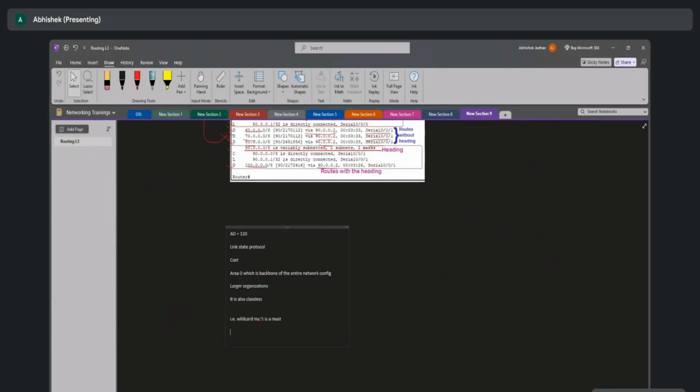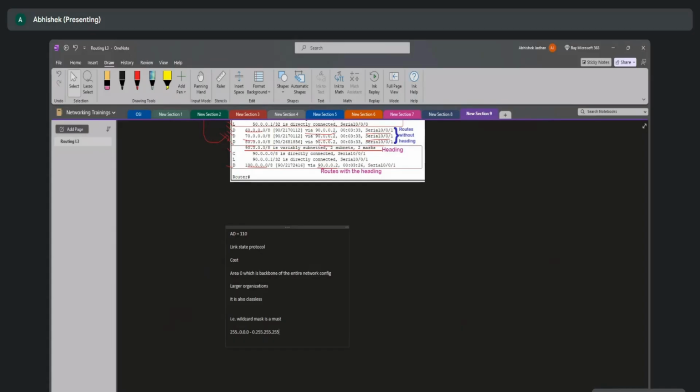So what is a wildcard mask? Let me show you. Let's assume 255.0.0.0. What is this? This is the subnet mask for a class A IP address, right? What's the wildcard mask for this? Reverse it. 0.255.255.255. This is the wildcard mask for the class A IP address.